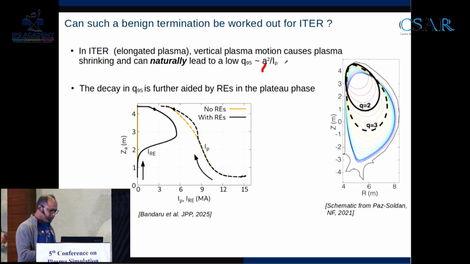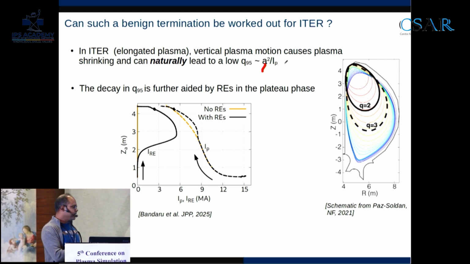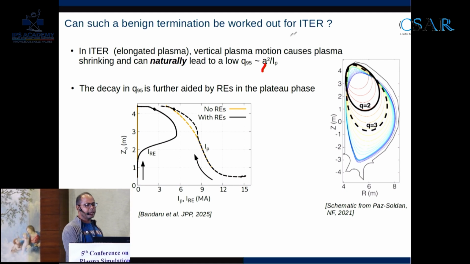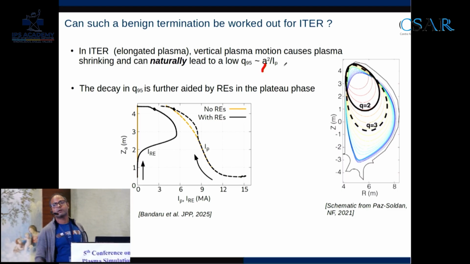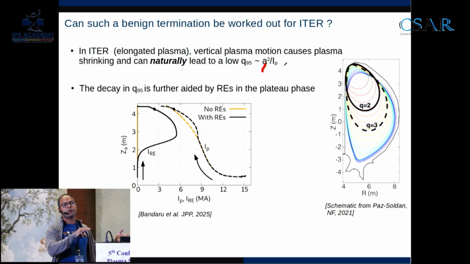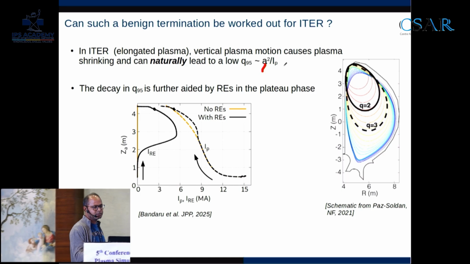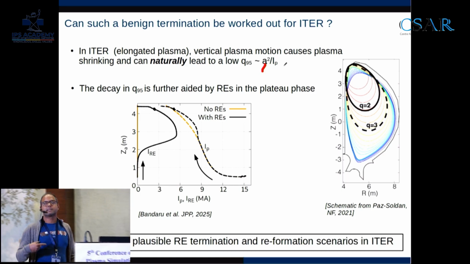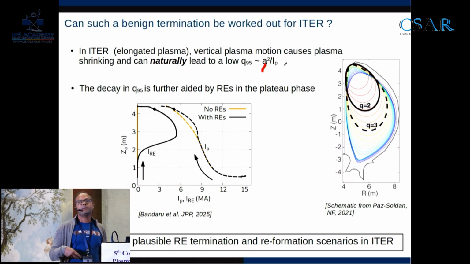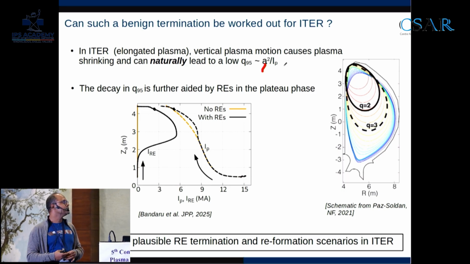That means this Q95 will be unaffected by Ip, because Ip simply does not drop once relativistic electrons form. The current remains nearly constant, so to say. So the aim here then is to assess if we can use MHD instabilities to find benign termination scenarios in ITER, and whether it can really work or not.